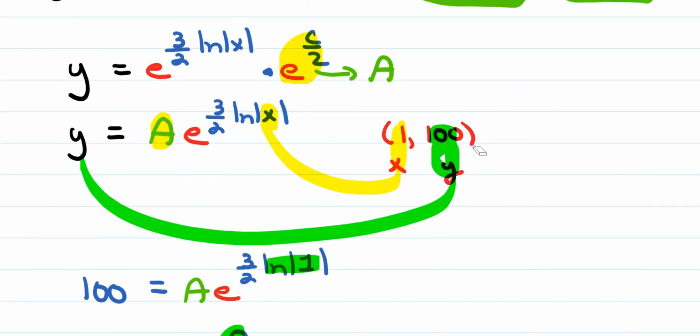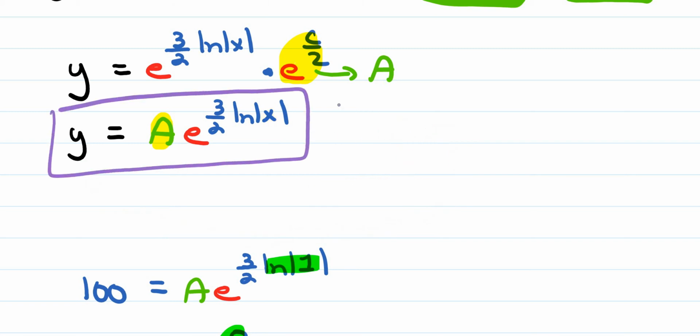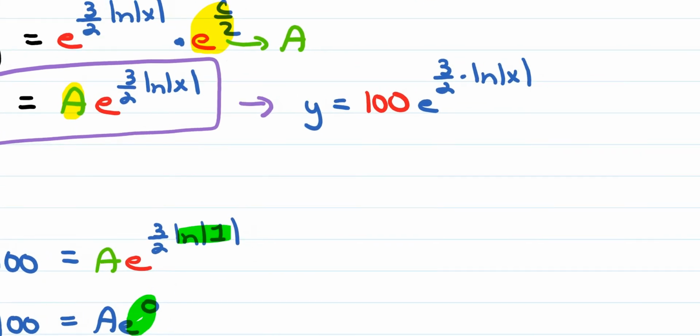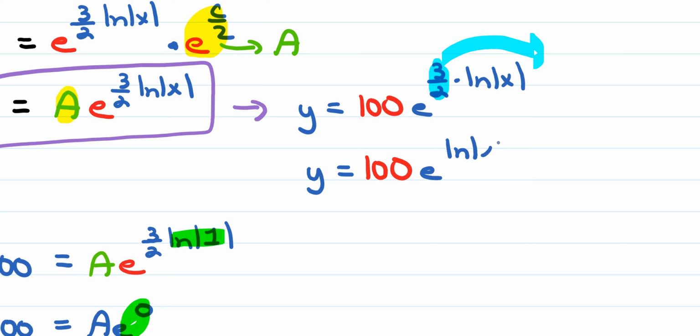So I think the best way to finish off this question is to go back to this step right here and just update that, because we know that A is equal to 100, so this will be 100 e to the power of 3 over 2 times absolute value of ln x. Okay. Although this is a correct answer, you can definitely simplify this a bit more. If you remember your exponent rules here, this 3 over 2 can actually go over here as a power, so that's going to be e to the power of ln absolute value x to the power of 3 over 2.